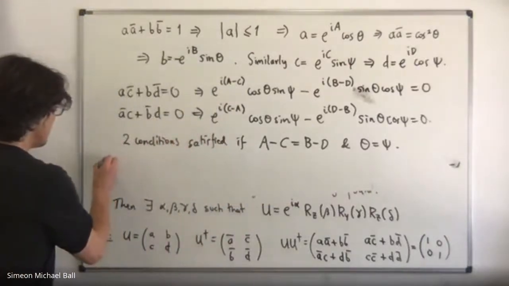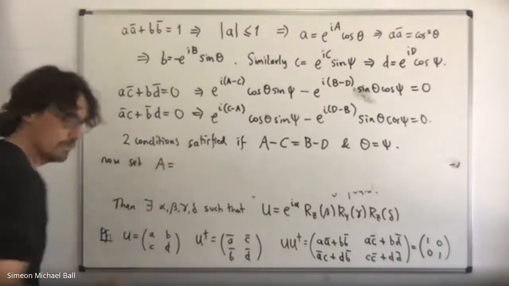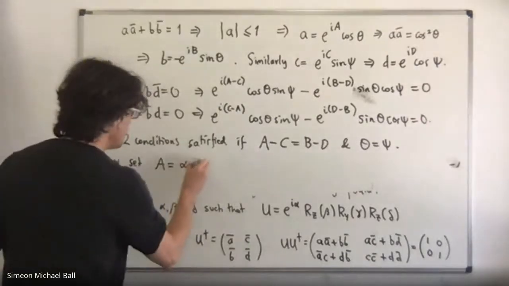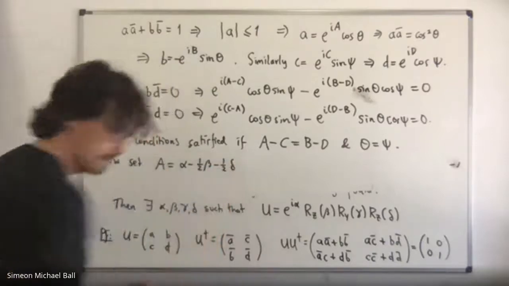So now change variables. Set A equal to alpha minus 1/2 beta minus 1/2 delta.